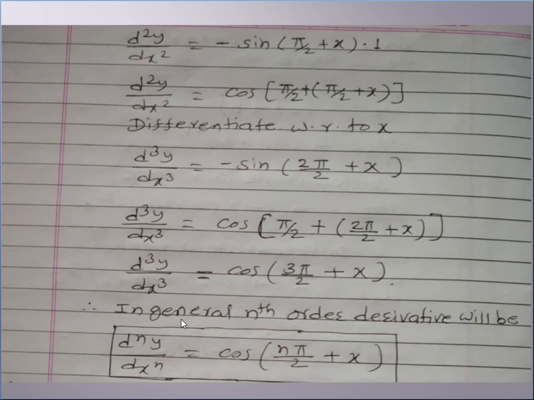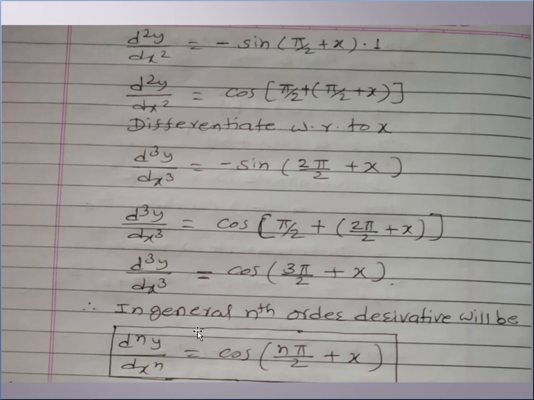Therefore, in general, the nth order derivative will be d raised to ny upon dx raised to n is equal to cos of, instead of 3 here we can write n, cos of n pi upon 2 plus x. This is the nth order derivative of the given function y is equal to cos x.